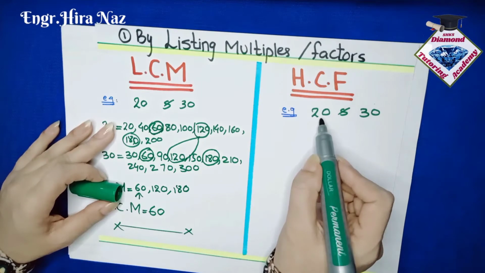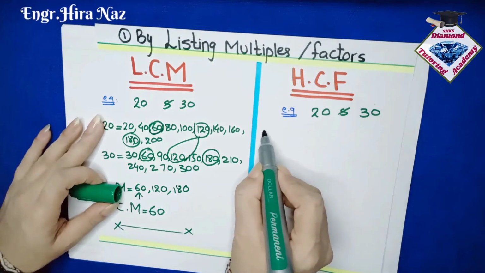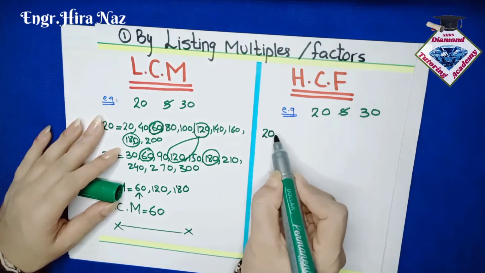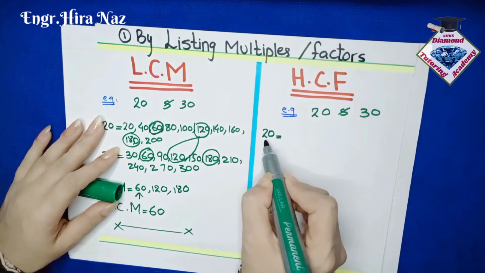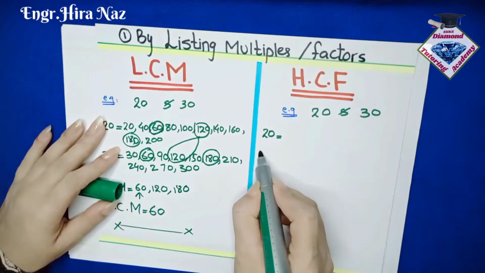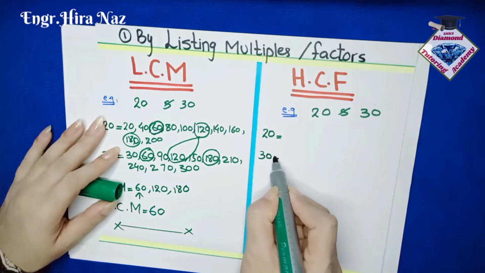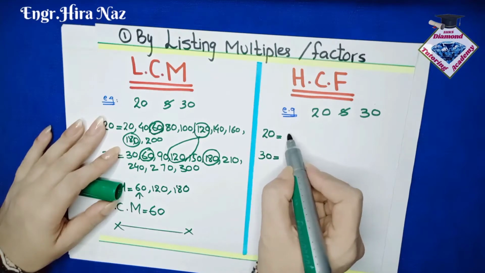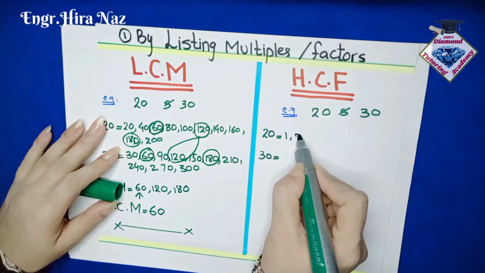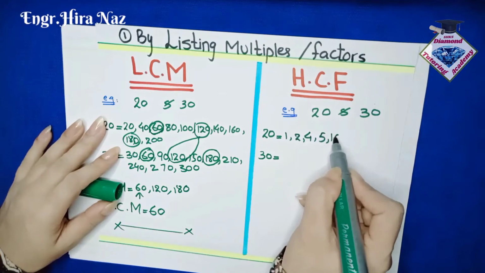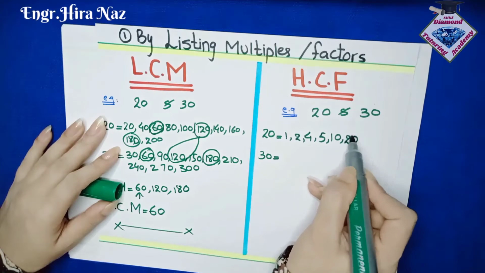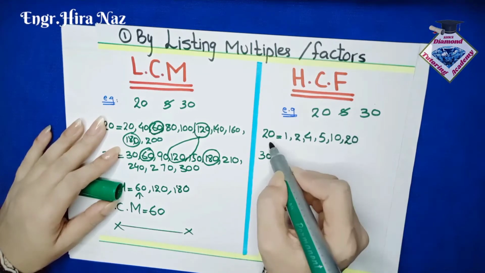Now let's discuss HCF. In case of HCF, you have to write all the factors of 20 and 30. First we will write factors of 20, then the factors of 30. The factors of 20 are 1, 2, 4, 5, 10 and 20, because in all these tables 20 comes.